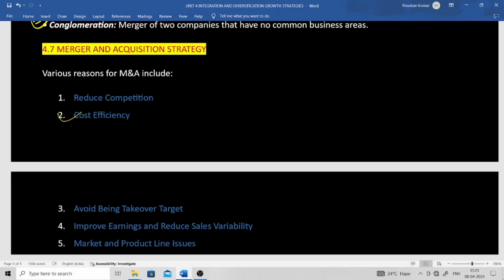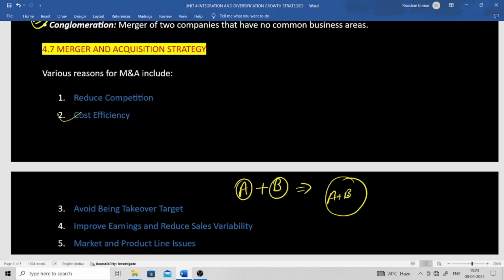So if there is one firm A, and it merges with or acquires another firm B, then the size of A will become larger.